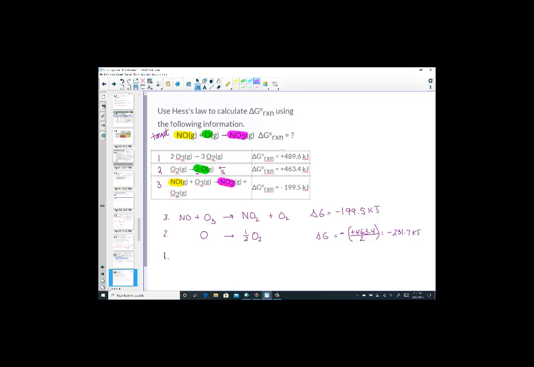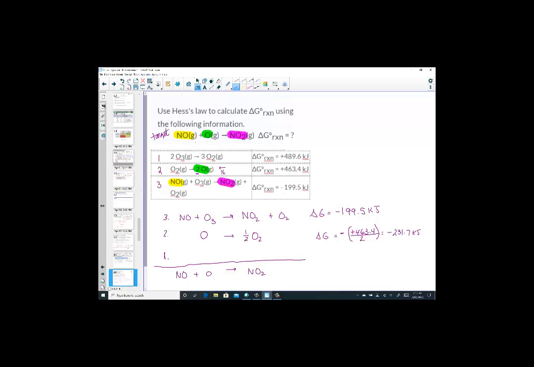What's left to consider is equation 1. Now, equation 1 has got to be used so that when I add these three equations together, I'm going to eliminate some of my remaining targets here. I want to only have left NO, an oxygen, and an NO2.